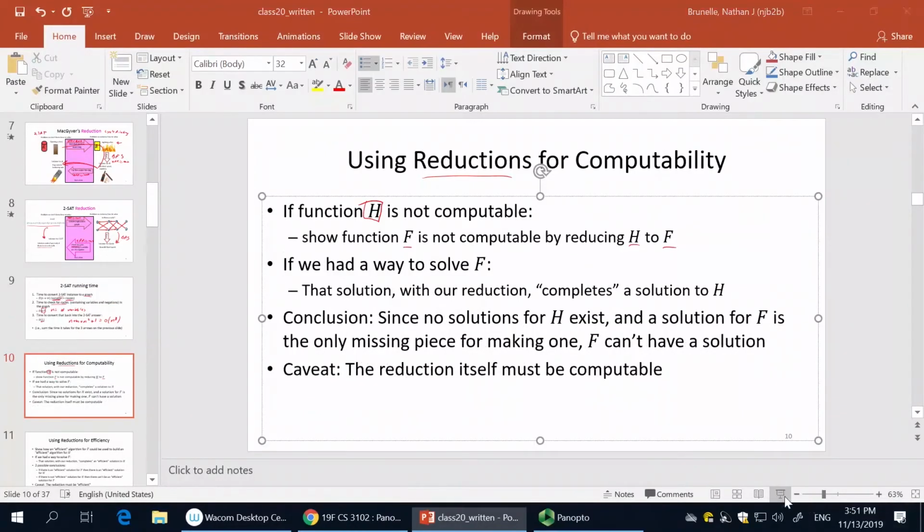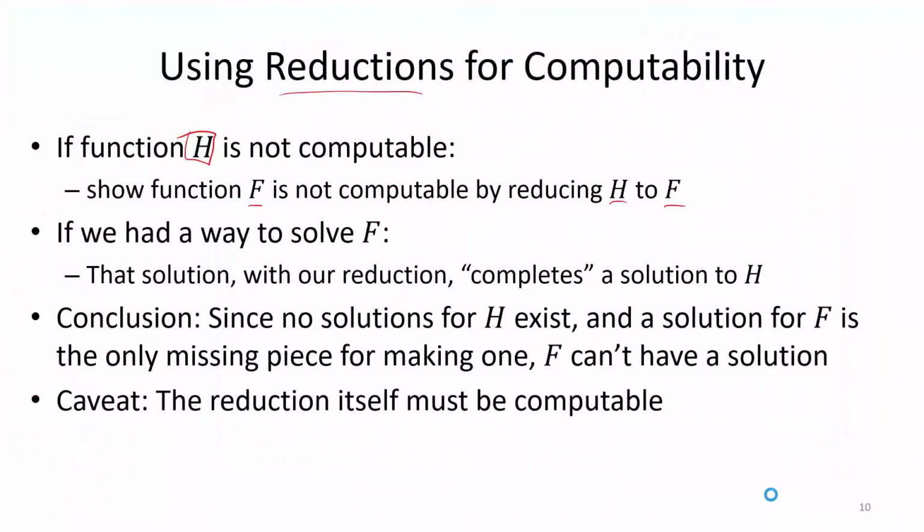Okay. By showing how we could use an algorithm for f to solve h, which means that if I had some way of solving f, that sort of completes a solution to h. So you can think of a reduction in this case as a partial solution to this problem h, where here we had h, here we had f.